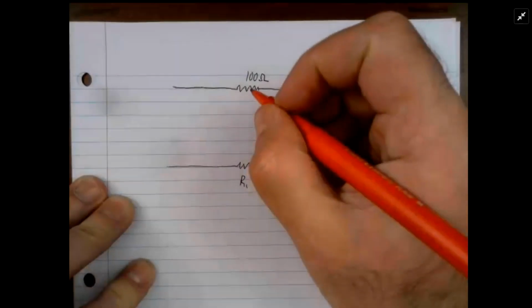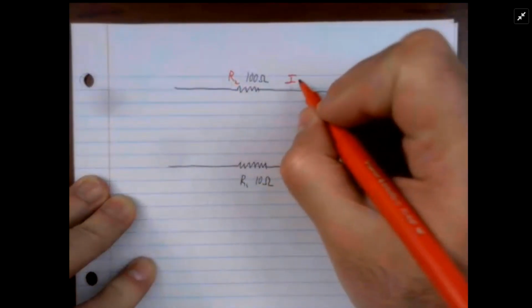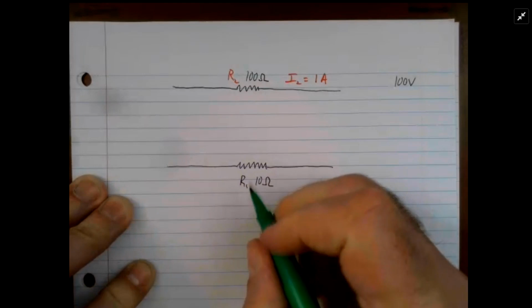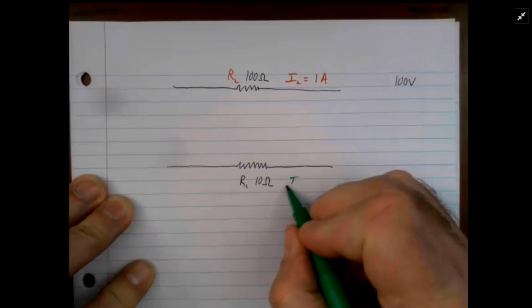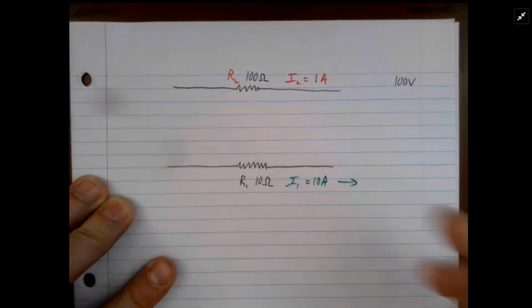And I'm just going to draw the stuff on top. I'll just call this R2, and we'll say it has I2 equals 1 amp. And down here, it'll be green. So here we have R1 and I1 equals 10 amps. And we'll just have them going to the right.